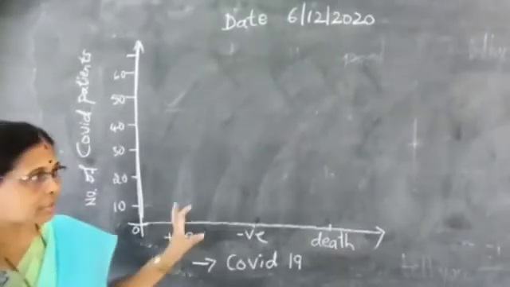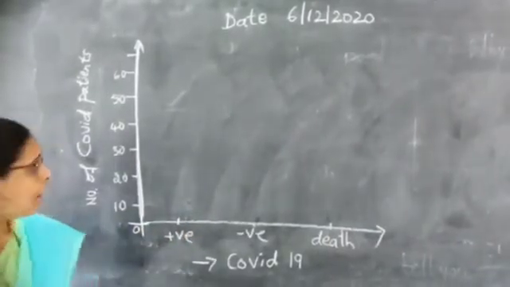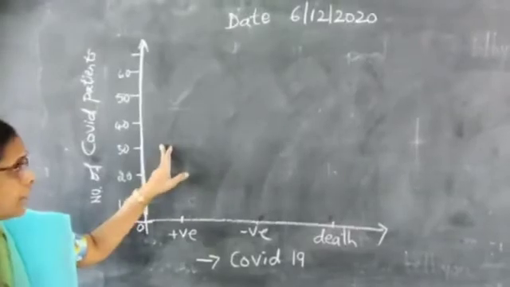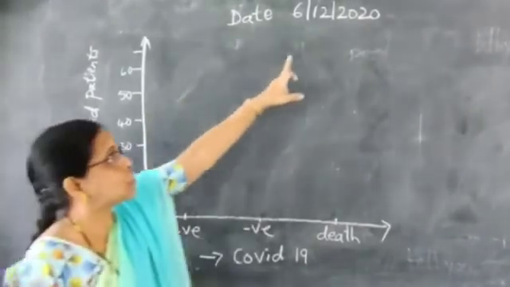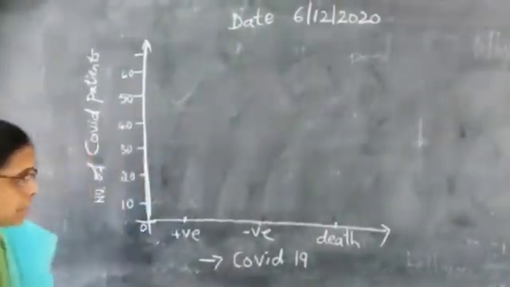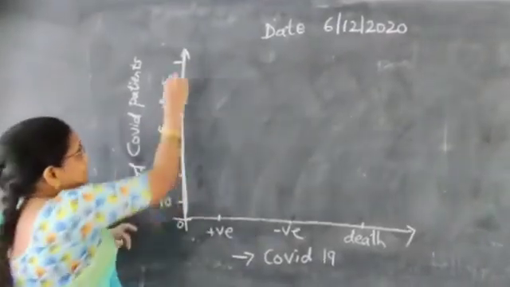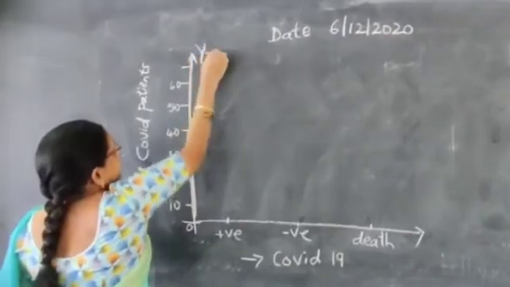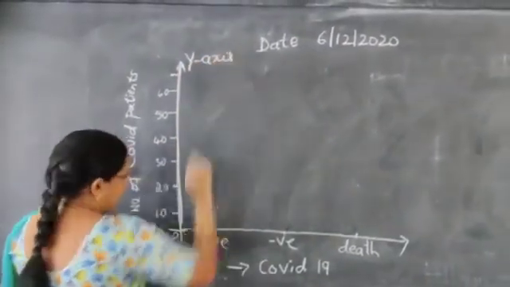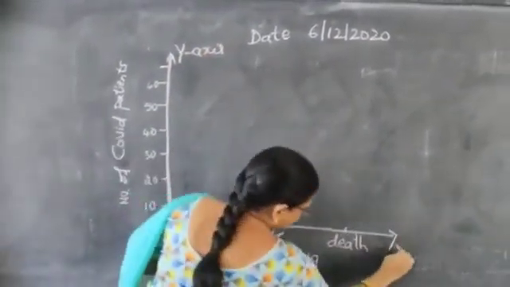Children, I gave the example of COVID patients. I am showing the data for the date 6/12/2020. Only an example, children, I am just showing an example. See, this vertical is taken as the y axis. This horizontal is taken as the x axis.